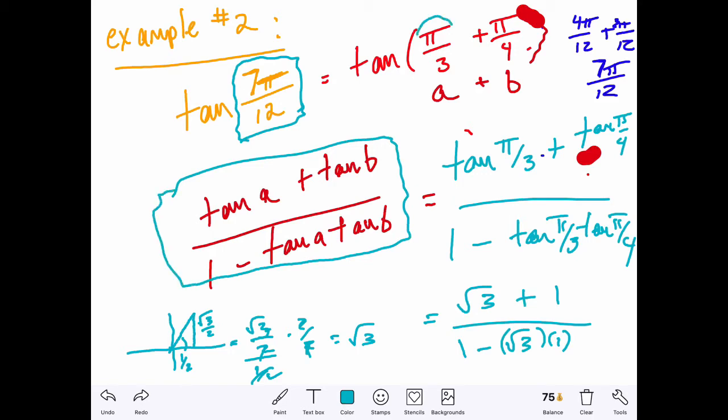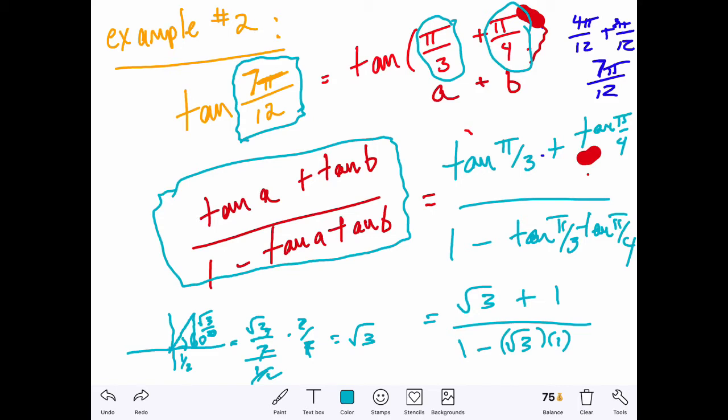Here's my A value, and there's my B value. So tangent of A plus tangent of B over 1 minus tan A tan B. And here I just drew a quick unit circle in case I was not sure, a 60 degrees, and I'd say, oh, long side, short side, and construct it. Then I'm left with root 3 plus 1 over 1 minus root 3.